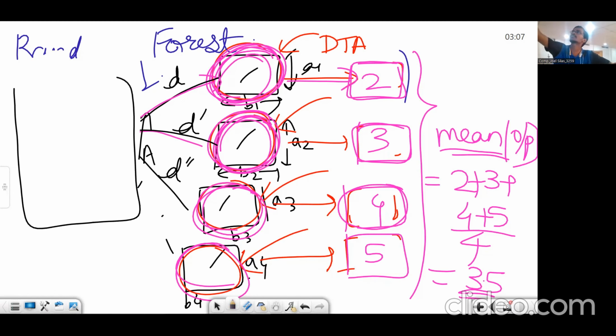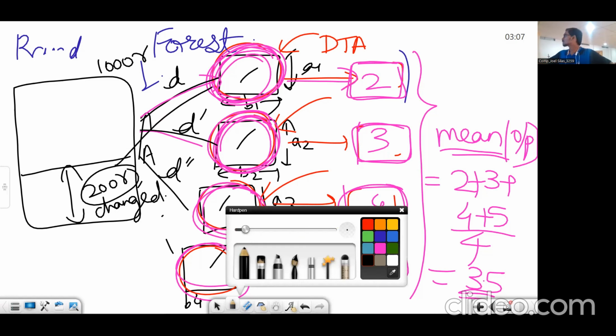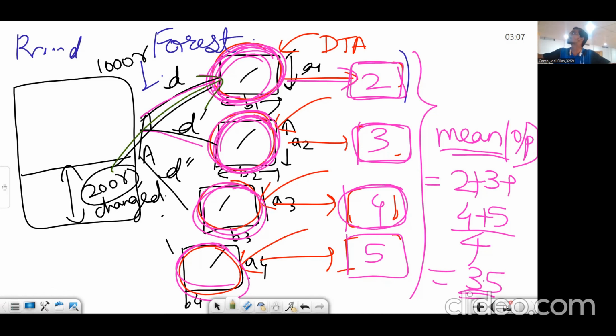Suppose this is our data set, which has 1000 rows. Suppose some 200 rows, or maybe only the last 200 rows, are changed. Then what will happen? Due to row sampling and feature sampling, these 200 rows will get equally distributed in all the subsets. Maybe 2 rows will go here, or maybe 50 rows, 20 rows, whatever.